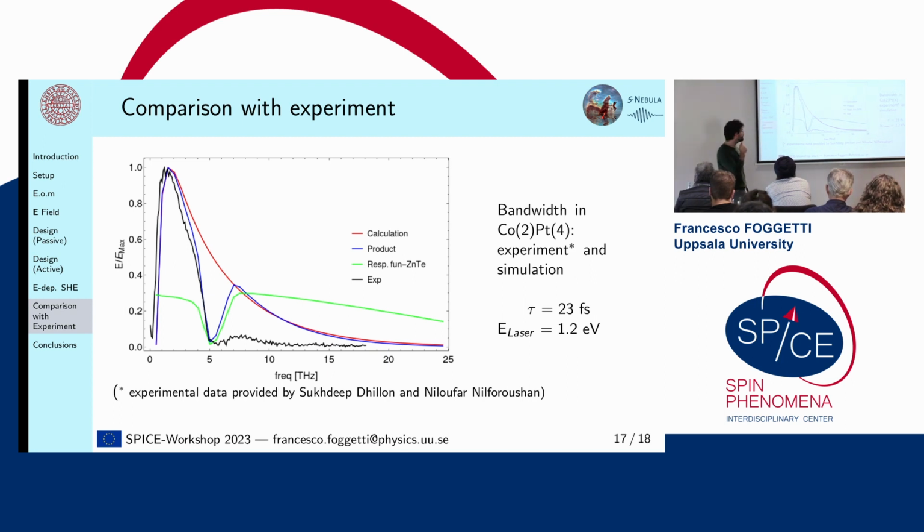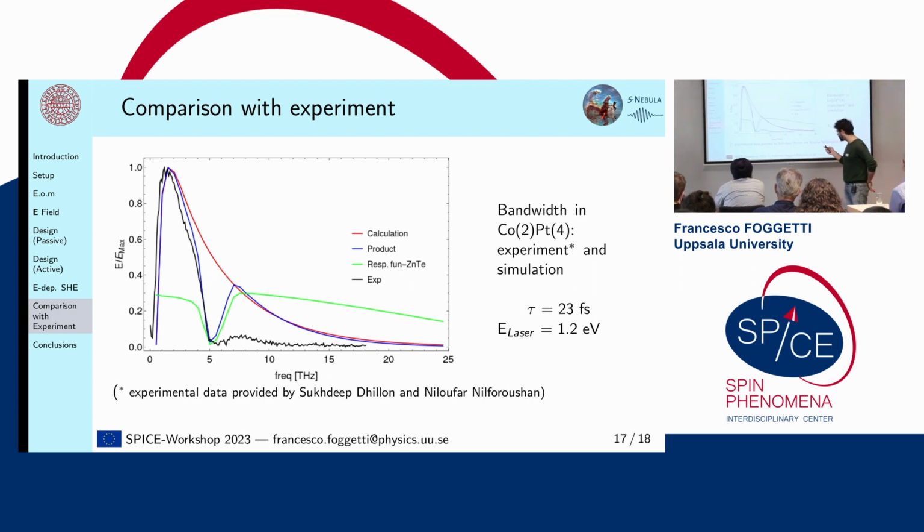So I would say that combining the energy dependence of the spin Hall effect and the results of our simulation, we get a good estimate of something that is close to the experimental value. It's not exact yet. Can it get better? Probably. Do I know how to do it? Not yet. But still, this is the result that I have now.